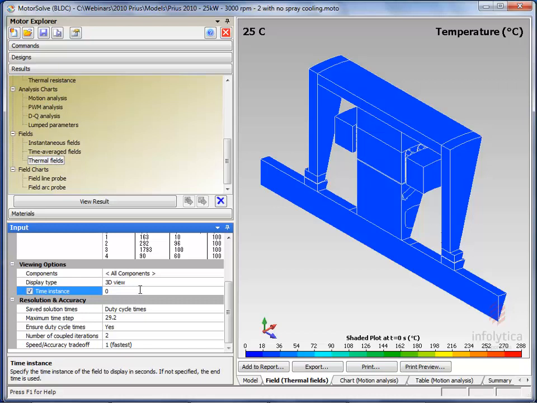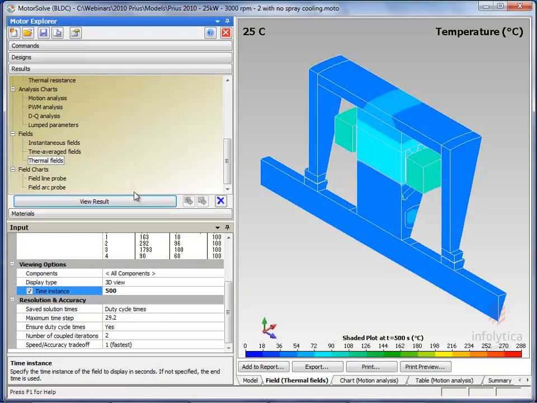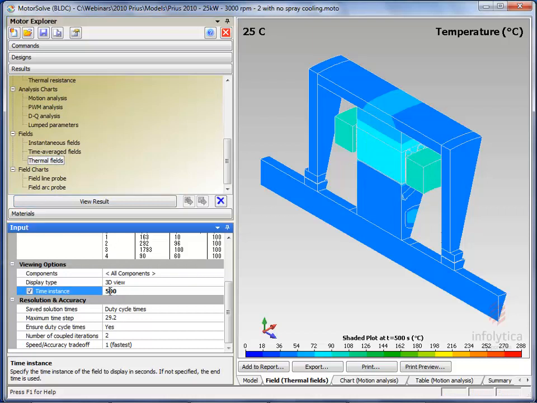Here we have the temperature at 0 seconds. If we modify that to 500 seconds, we see the winding is already at 100 degrees essentially at 500 seconds.